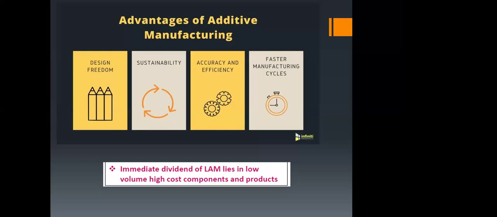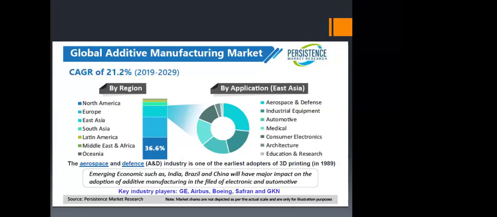It can be accurate because very little human intervention is required. All the operations are performed by the additive manufacturing machines, with process variations. So accuracy, efficiency, and a faster manufacturing cycle: these are the advantages of additive manufacturing.